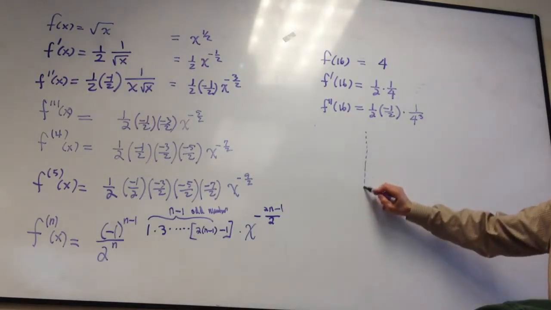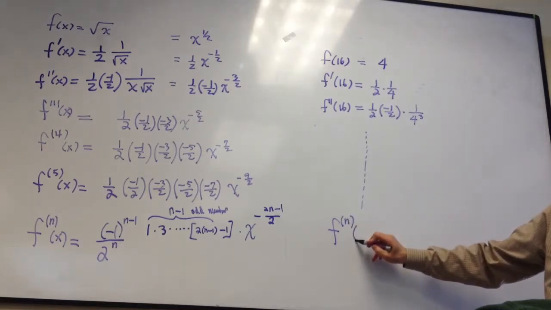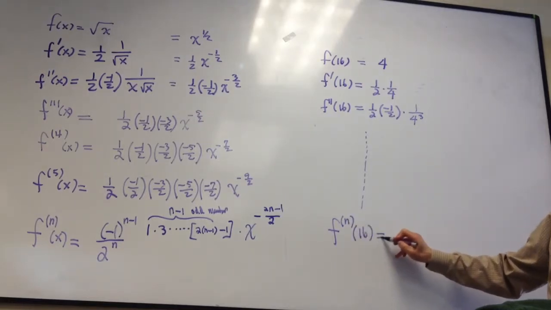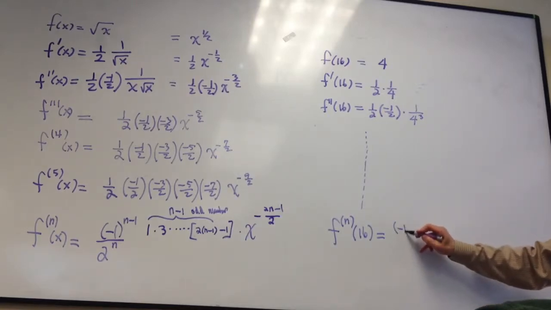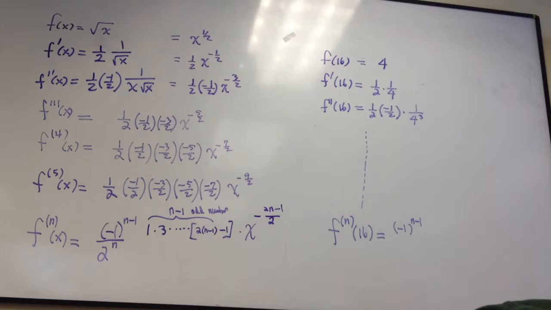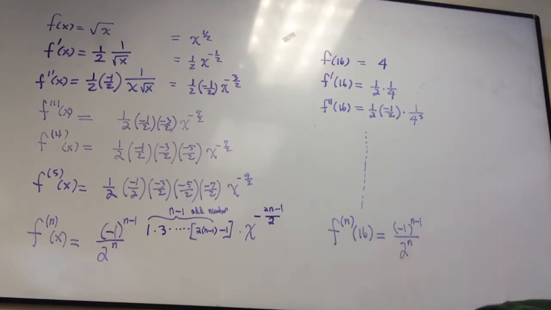And so you look at the general pattern, it seems that the nth derivative of f evaluated at 16, what will we get? Well, I will have negative 1 to the n minus 1 power. I will have 2 to the n, I'm copying over from there. I would have 1 times 3 times dot dot dot times the last one being what? 2n minus 3.